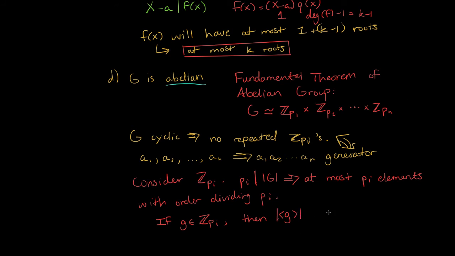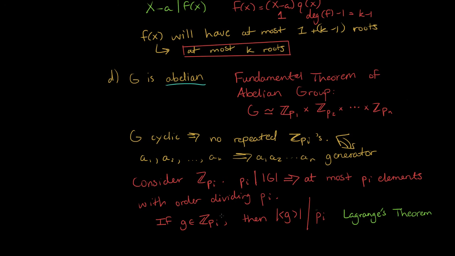By Lagrange's theorem, the order of this subgroup must divide the order of Z_{p_i}, which is p_i. Lagrange's theorem says that the order of any subgroup must divide the order of the group. And the order of this element, likewise, must divide the order of the group which it is in. So the order of each element of Z_{p_i} is going to divide p_i.